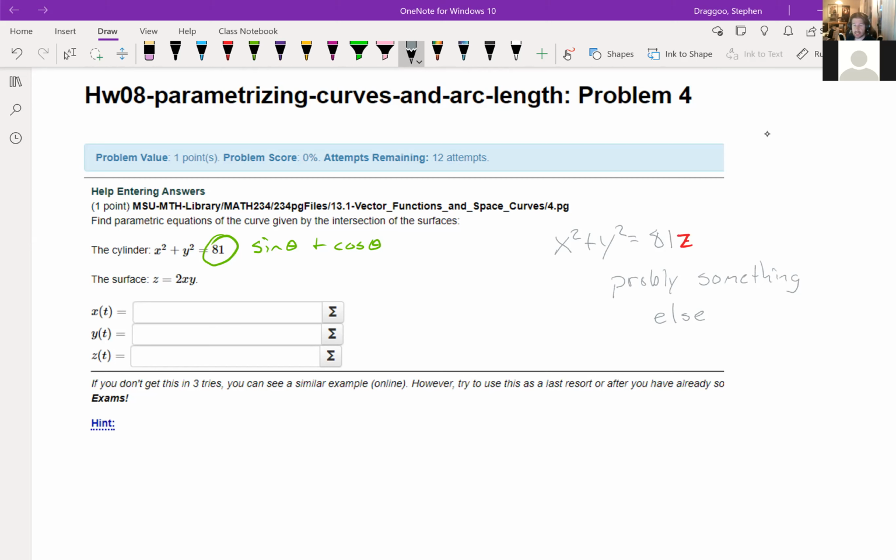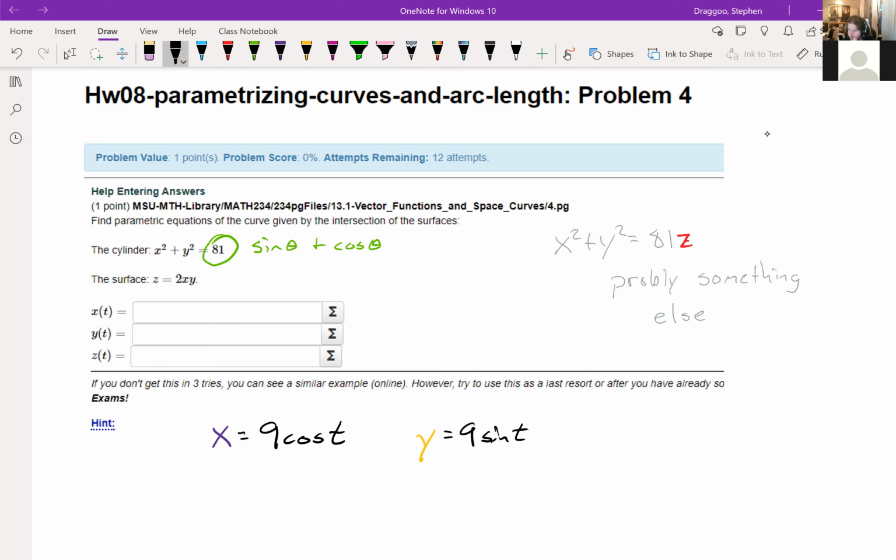So since this thing is x squared plus y squared equals 81, I am probably going to want to use x equals 9 cosine t and y equals 9 sine t.